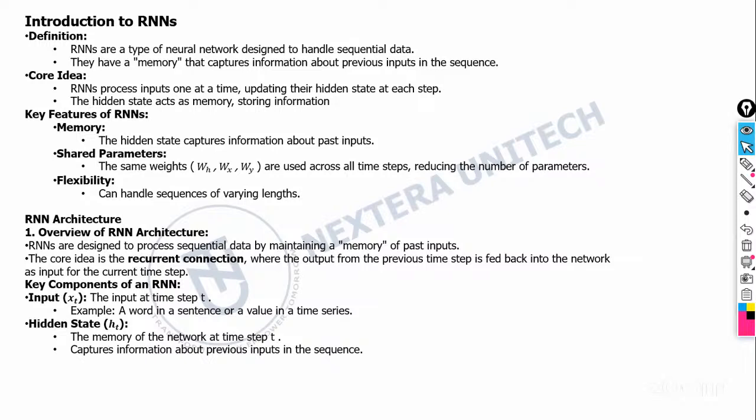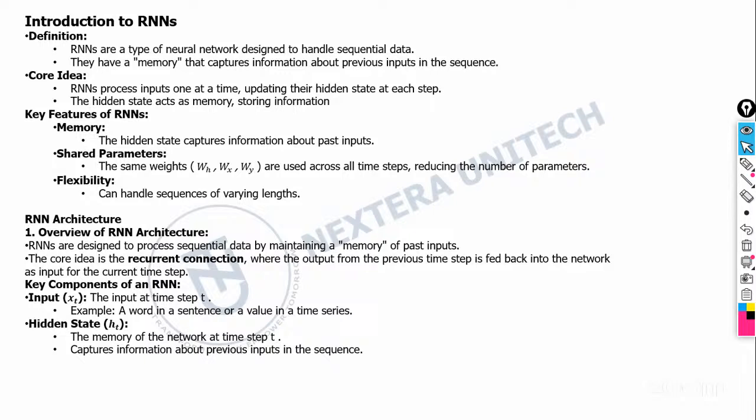What are the layers that we are going to have as part of RNN architecture? And we'll also understand the types of RNNs. We have one-to-one RNN, one-to-many, many-to-one, and many-to-many. We're also going to understand the types of RNNs using an example, right?